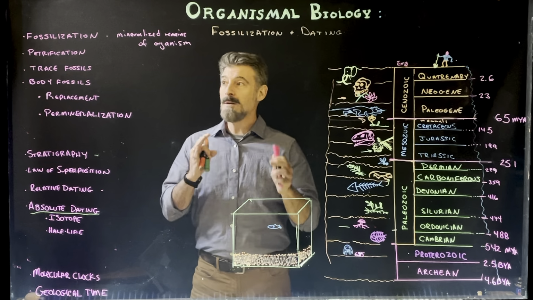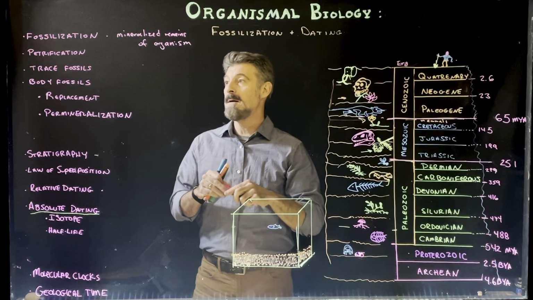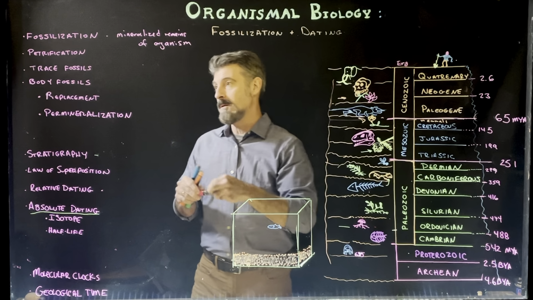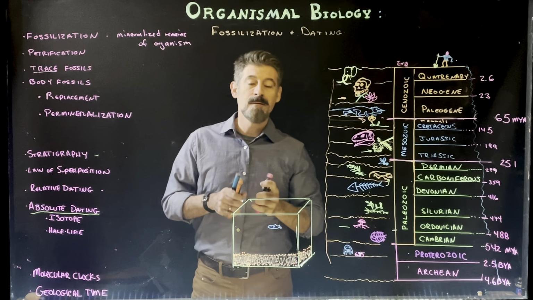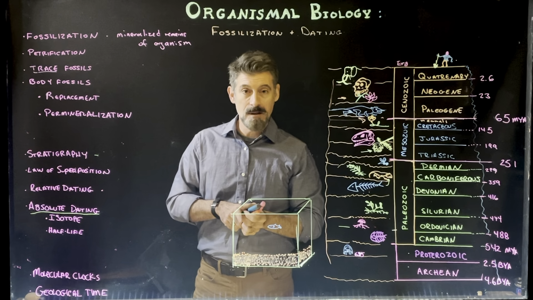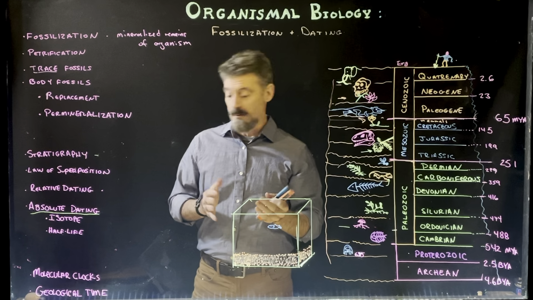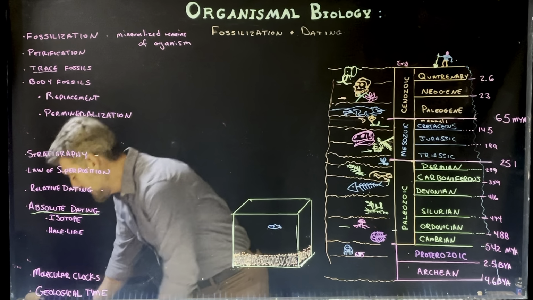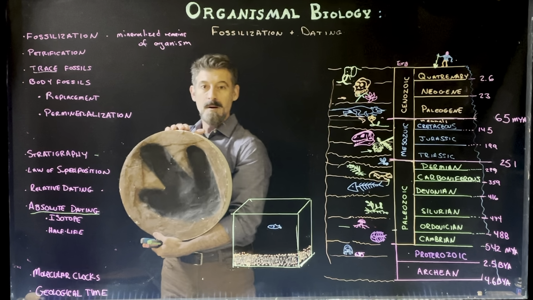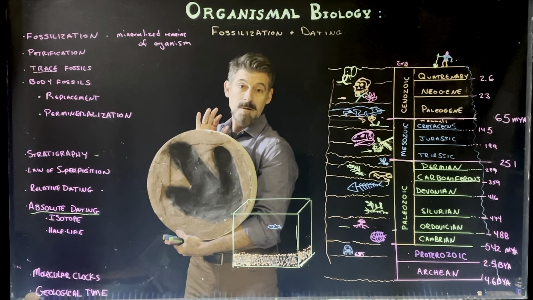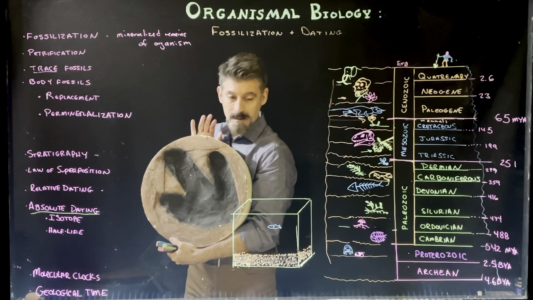Now, there are also different types of fossils in a much broader sense. Some fossils are evidence of an organism's activity in the past. Those are referred to as trace fossils. Something like this, see here, is a footprint from a dinosaur that existed. This is actually from here in Connecticut.